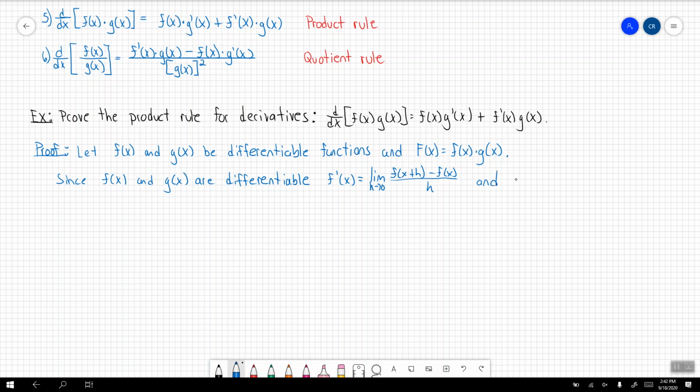And we also get that g prime of x is equal to the limit as h is approaching 0 of g of x plus h minus g of x, all divided by h. And again, this is what we get because we stated that f of x and g of x are differentiable. So that's going to be awesome.